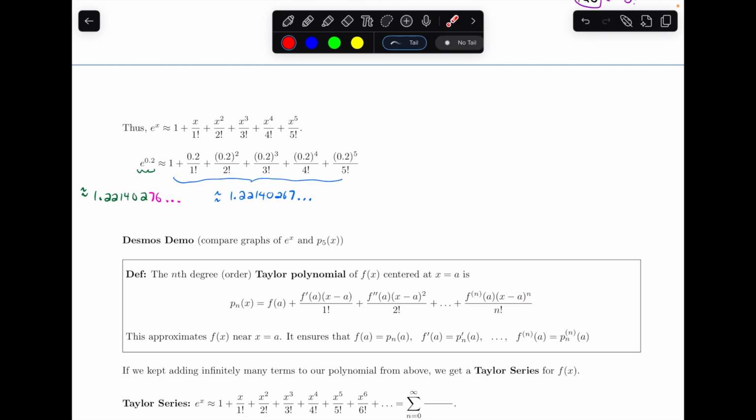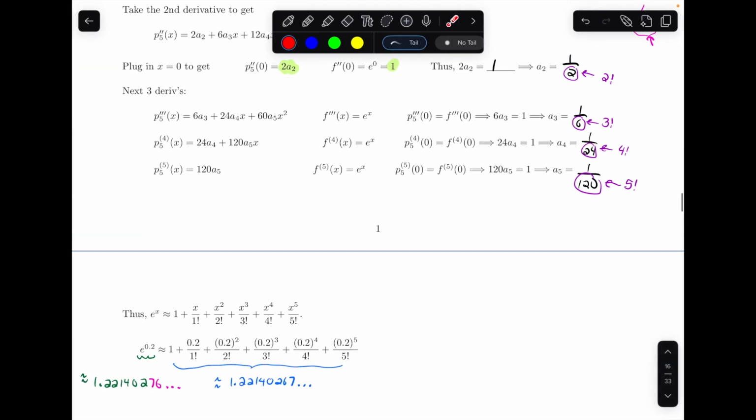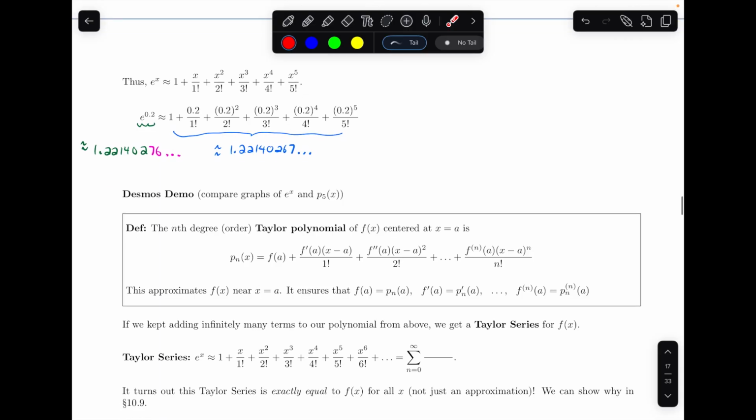And the coefficient of this term involves doing the nth derivative of the function, plugging in that center point, which is what I was doing in that last example. And you end up dividing by n factorial, which again, I was doing in all of these. So this is going to approximate my function near whatever that center point is.